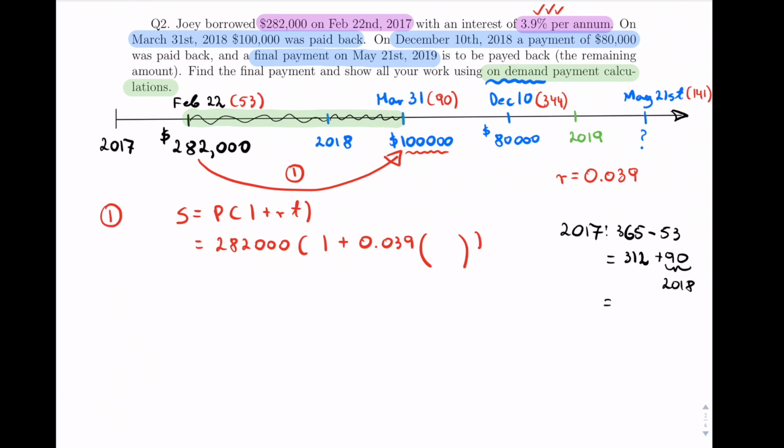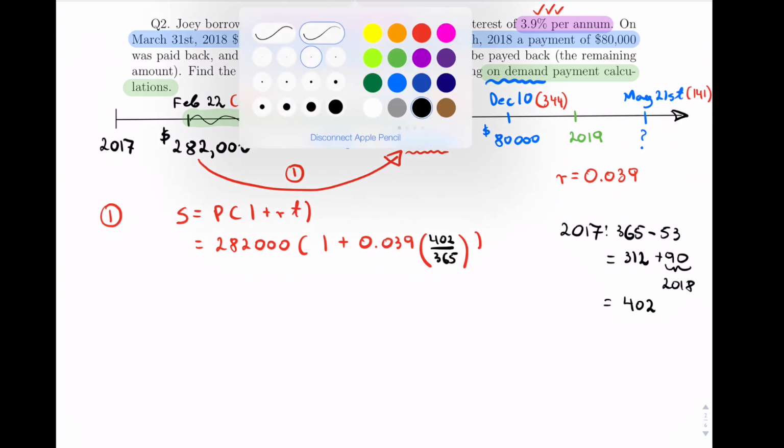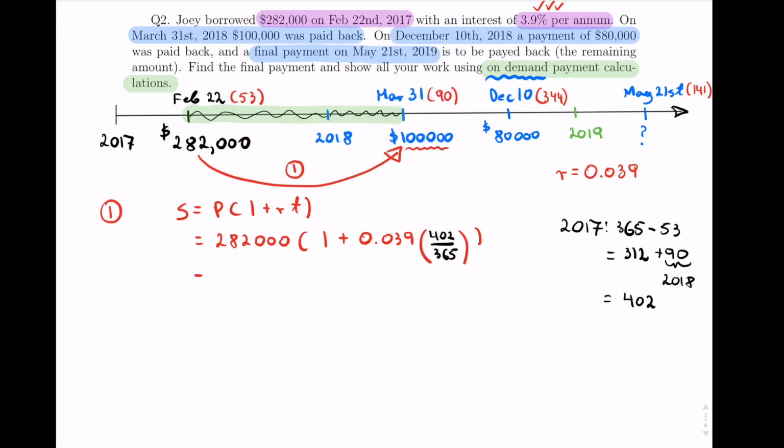Okay, so we have basically 402 days in total. So that's 402 over 365. So yes, when you don't have a business calculator, it's a lot of kind of annoying work. So now let's punch this in, in our calculator to try to see what we get. Okay, so I'll work this whole thing out.